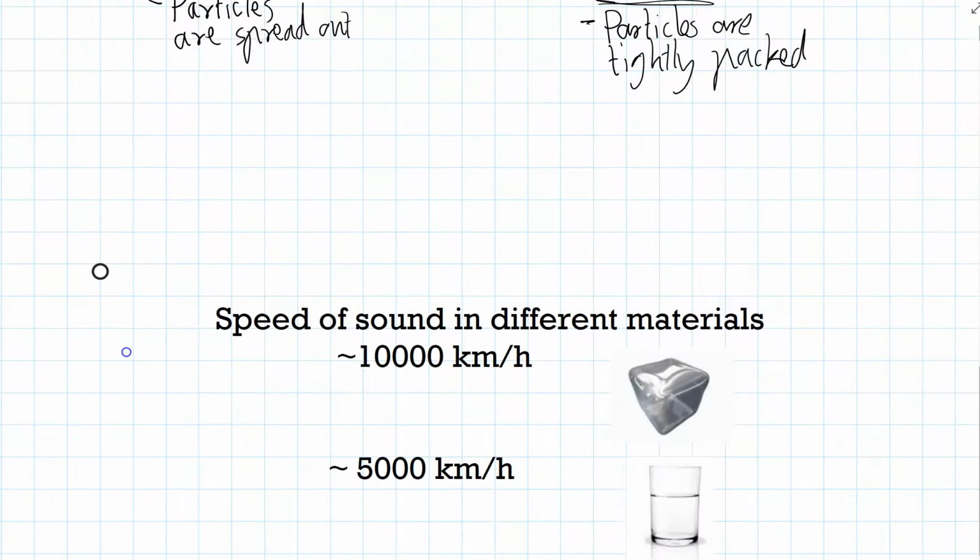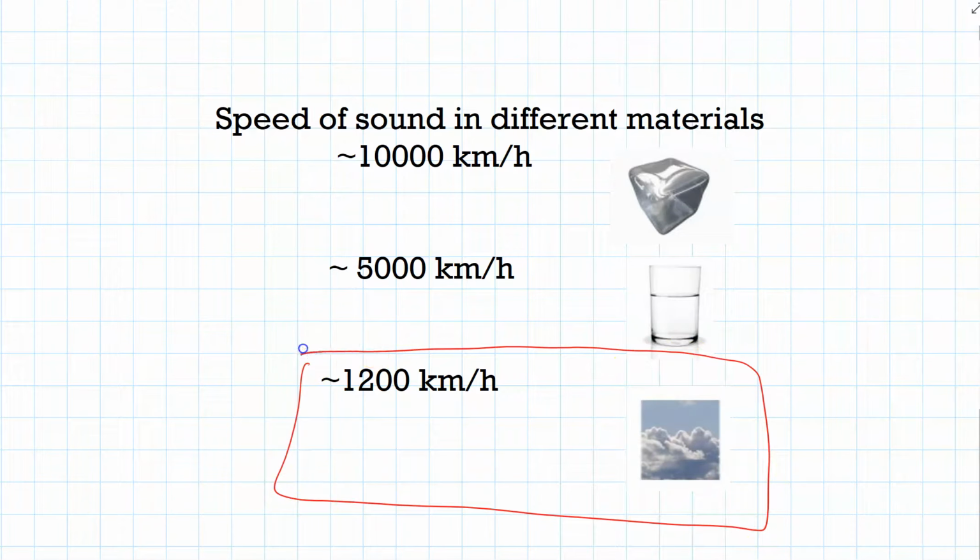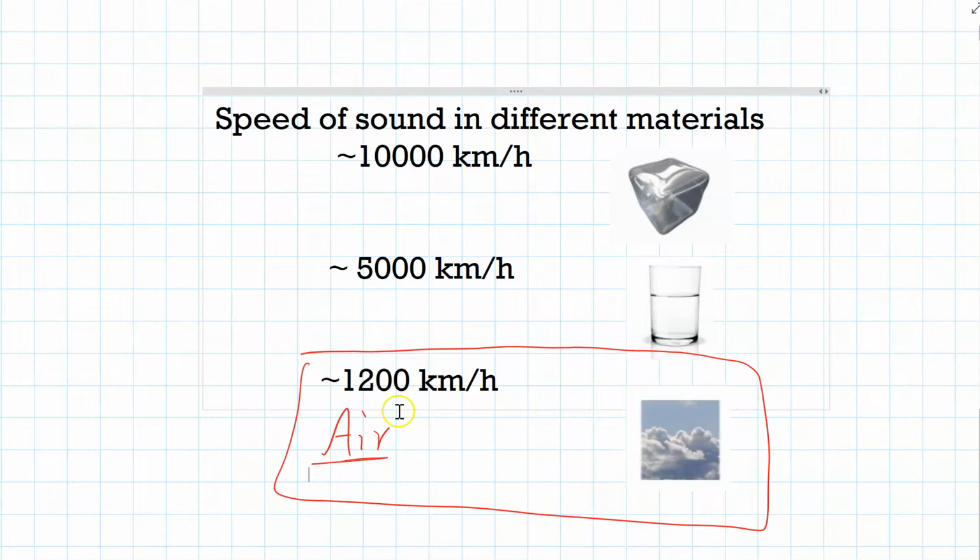Okay, the last thing is to compare the speed of sound now in different materials. We learnt last time that the speed of sound in air is about 1,200 kilometers an hour. And this is common because if you yell out to someone across the oval, that's the speed the sound travels through the air. But actually, that's the slowest speed that sound travels at. It's way faster in other materials.